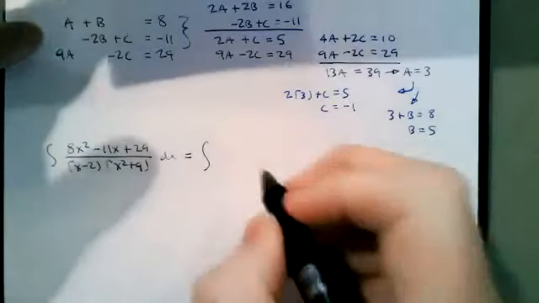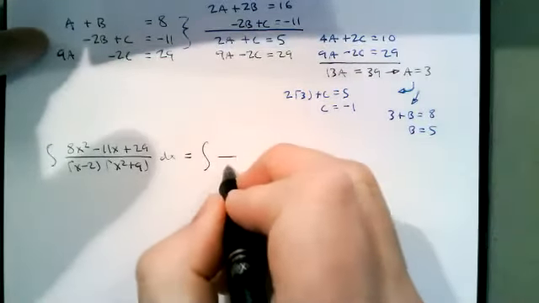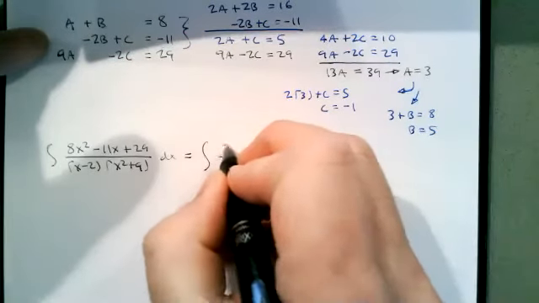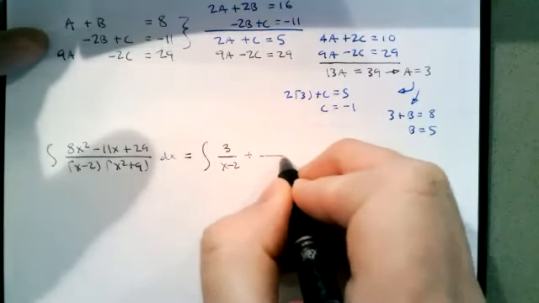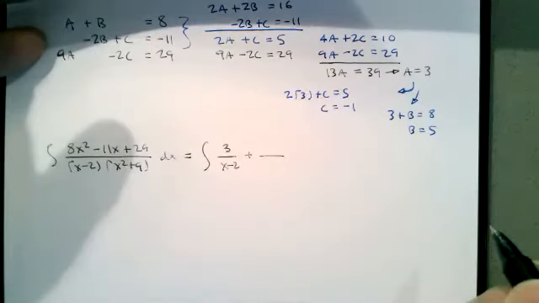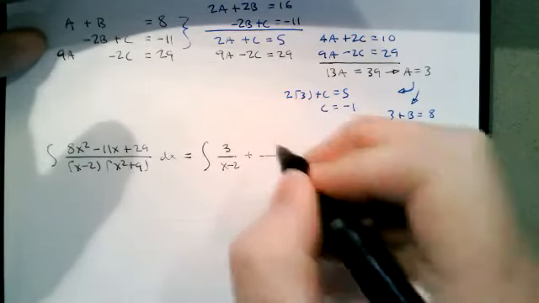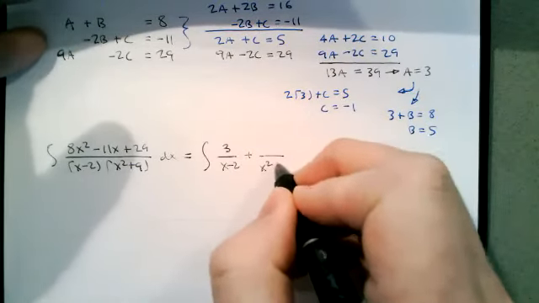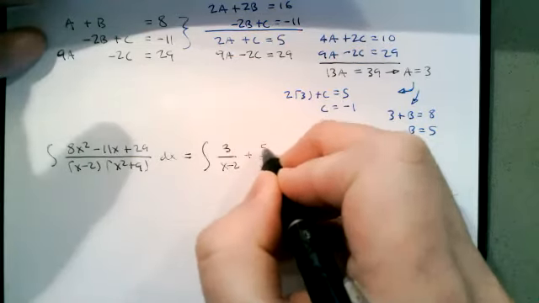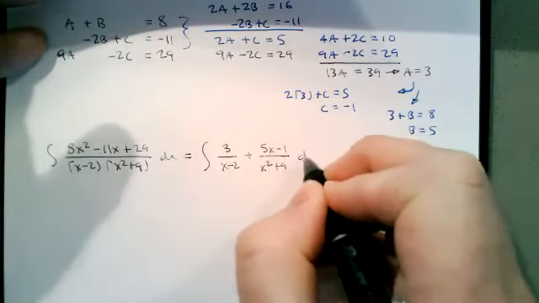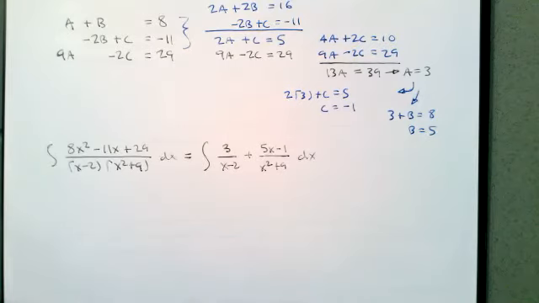I set it up as a over x minus 2, so 3 over x minus 2 plus 5x minus 1 over x squared plus 9 dx. There's the partial fraction decomposition of my original rational function.